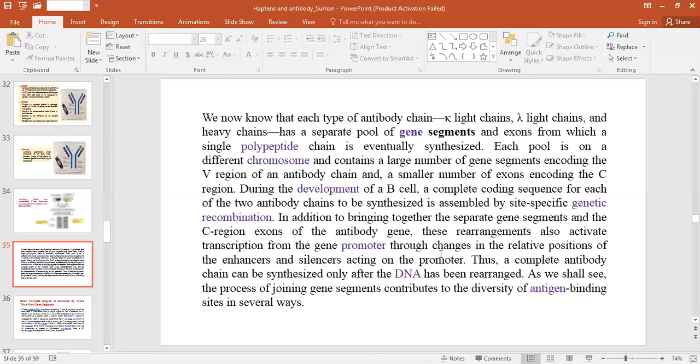In addition to bringing together the separate gene segments and the C region exons of the antibody gene, these rearrangements also activate transcription from the gene promoters, through changes in the relative positions of the enhancers and the silencer acting on the promoter. Thus, a complete antibody chain can be synthesized only after the DNA has been rearranged. As we shall see, the process of joining gene segments contributes to the diversity of antigen binding sites in several ways.